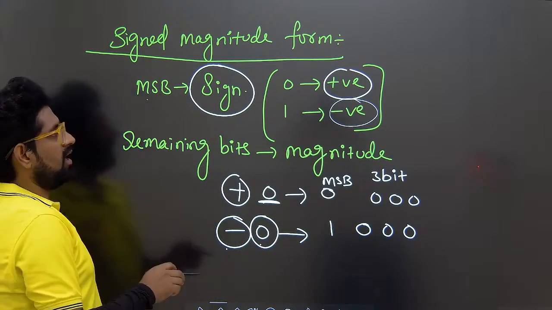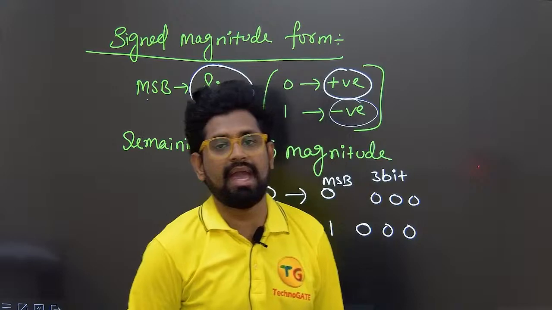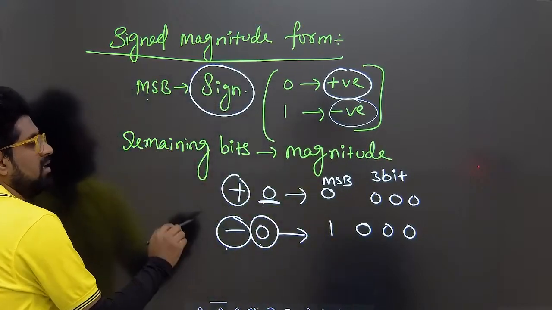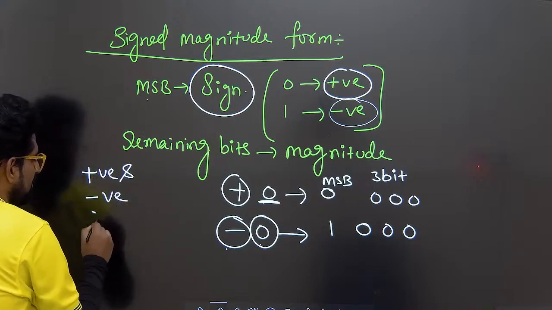So the advantage of signed magnitude format is that we can represent both positive numbers and negative numbers.